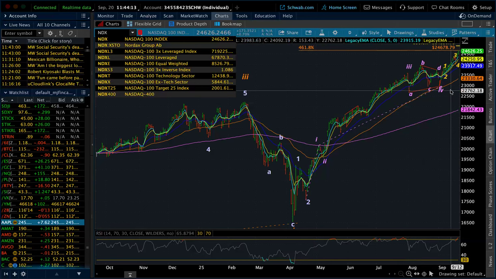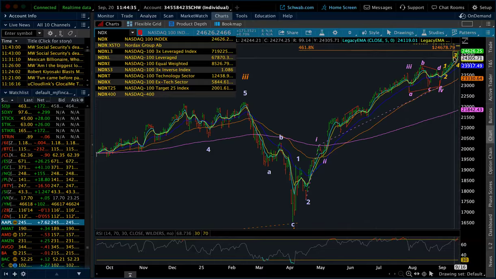Now, as I've said before, I am not ruling out that it really was minute 4 and we're in that minute 5th wave. I will not really be able to make that type of a call until we're done, until we reach that high, and then can determine exactly what degree we're in.